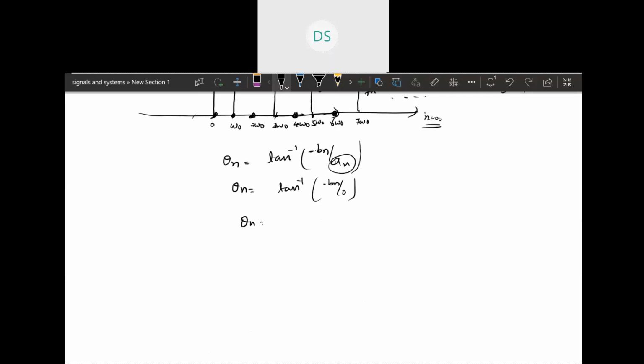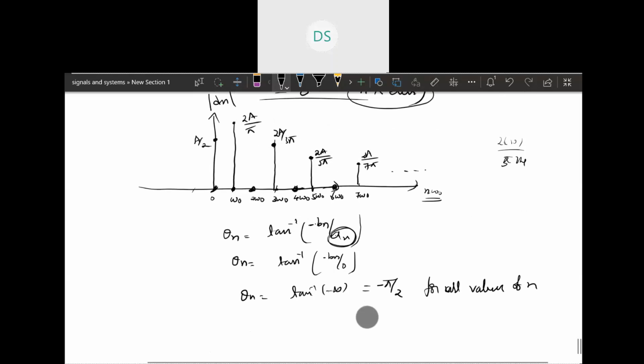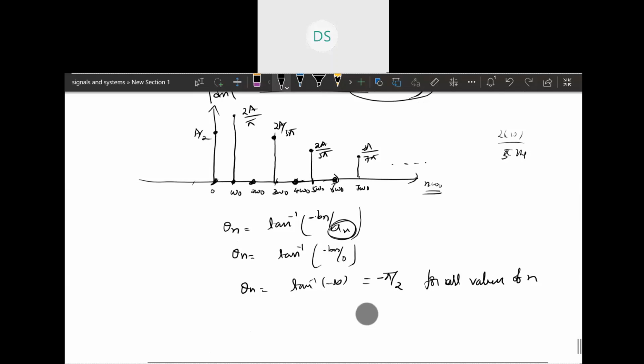So theta n is equal to tan inverse of minus infinity. Tan inverse of minus infinity means minus pi by 2, and this is for all values of n. When an is 0, theta n is simply minus pi by 2.